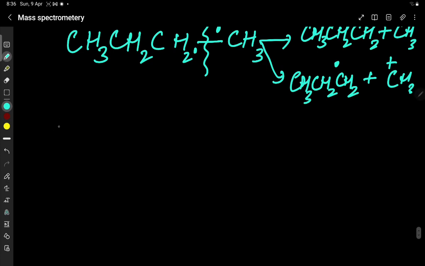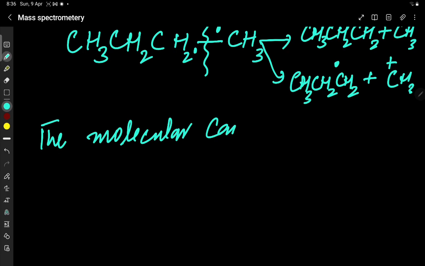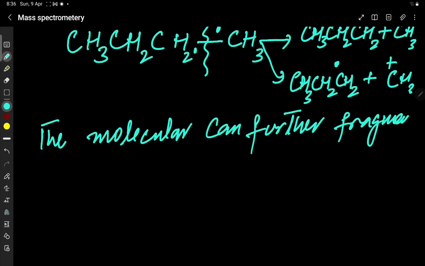The molecular ion can further fragment to form new ions.